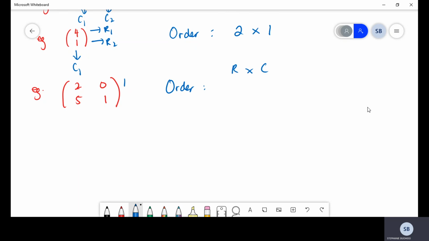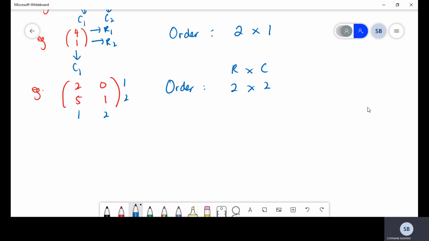We have 2 rows and we have 2 columns. So that's a 2 by 2 matrix. And I'd say at the Form 5 level, you guys would be encountering a lot of 2 by 2 matrices. And at the Form 6 level, you would be encountering more 3 by 3 matrices. So keep that in mind.